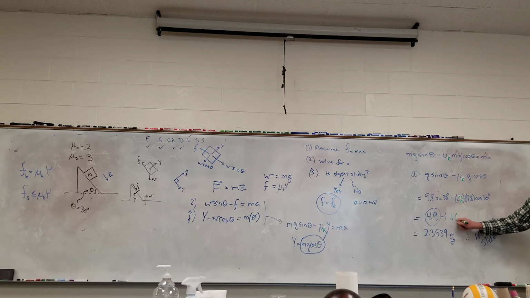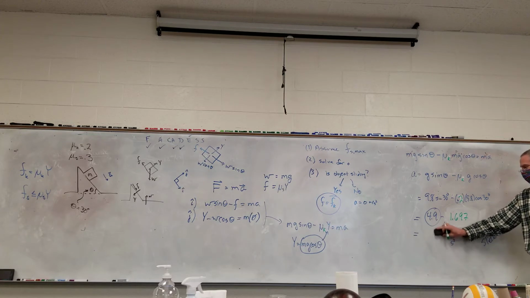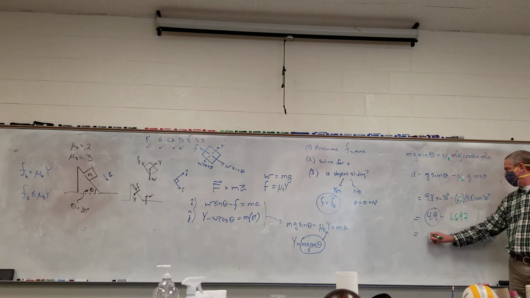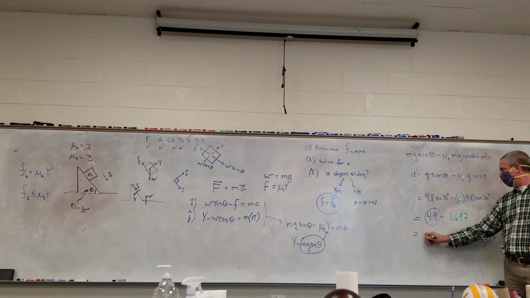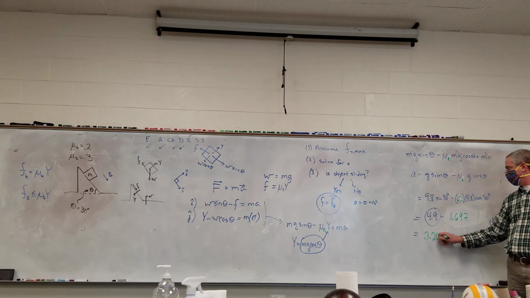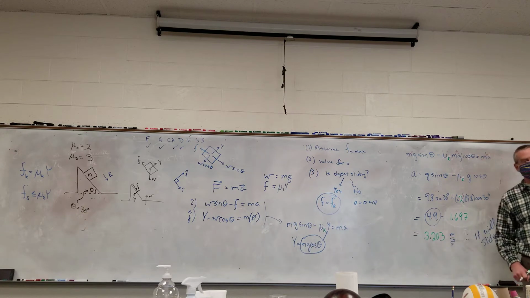So 1.6 something, 1.697, point 203. That is the acceleration down the ramp.